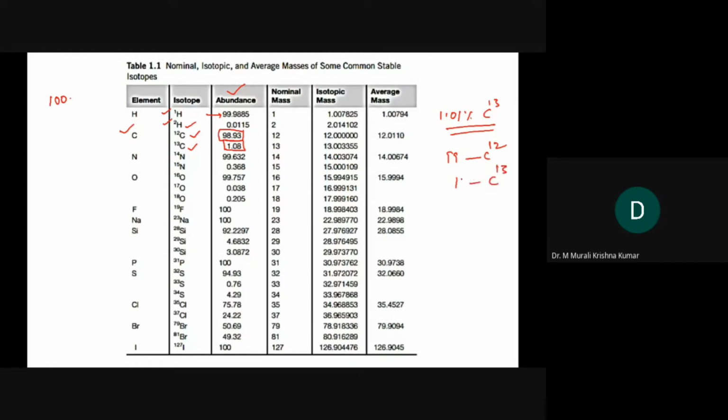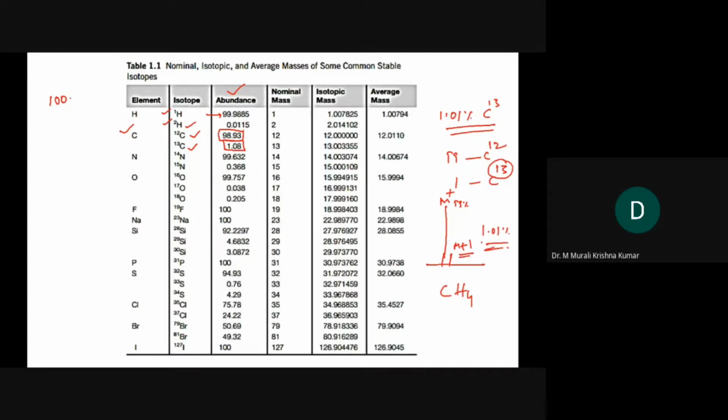What does it mean? If you have one molecule, you will have the M plus ion, and because 13 is plus 1, M plus 1 will also be there. If we have only one carbon, like in case of methane, this will be 99%, and you will see the percentage of M plus 1 will be 1.01%.